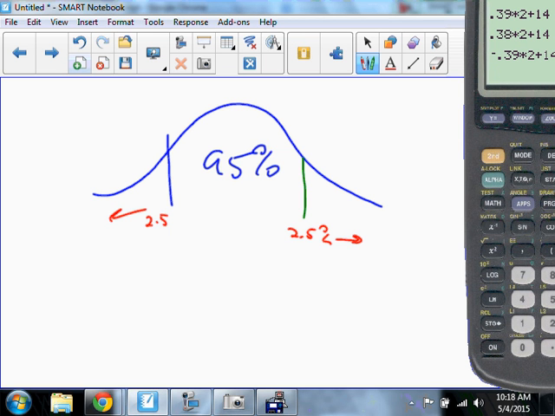So I need to find the z-scores for each of these, with an area of 0.025. The z-score for the other is going to be positive that. 0.025 is negative 1.96. So that z-score is negative 1.96, and the other z-score is positive 1.96. And I want those two values.